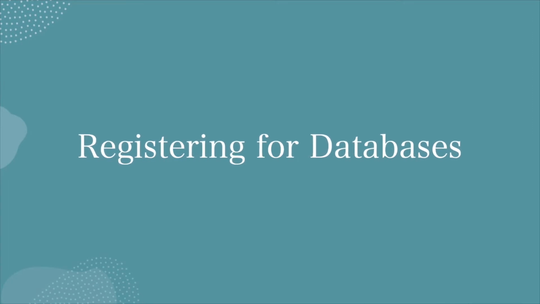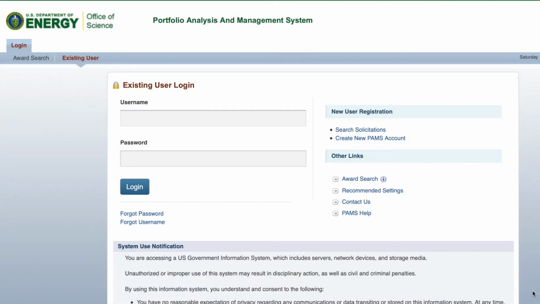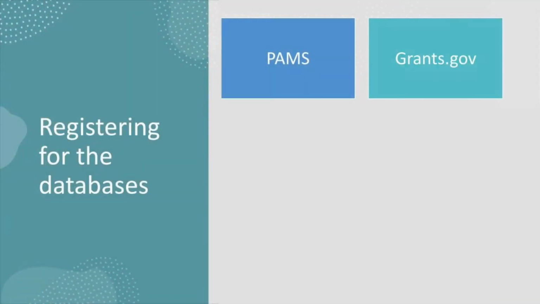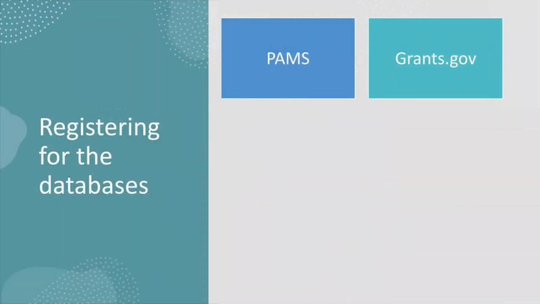Registering for databases. The first database that you need to register for is PAMS. PAMS is the database that you are going to use to submit your letter of intent. And by the way, the Department of Energy is the only federal agency that requires you to submit a letter of intent prior to submitting the actual full proposal. Grants.gov is the database that you're going to submit the full proposal in.